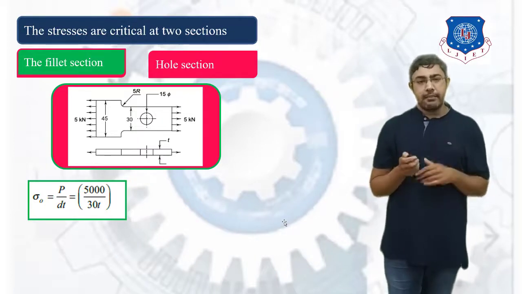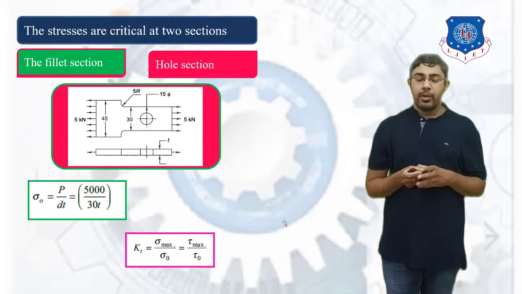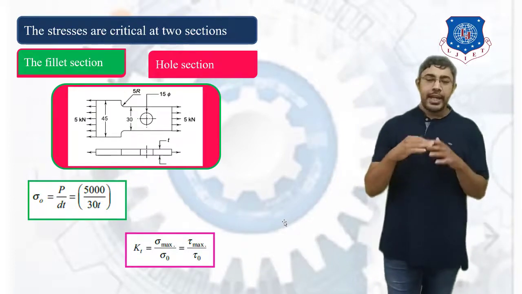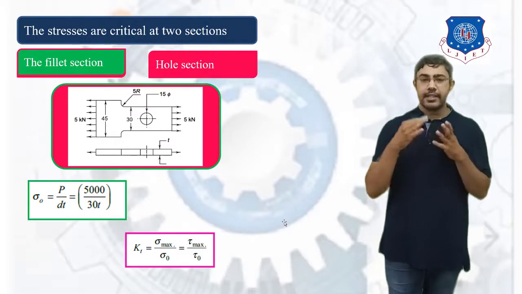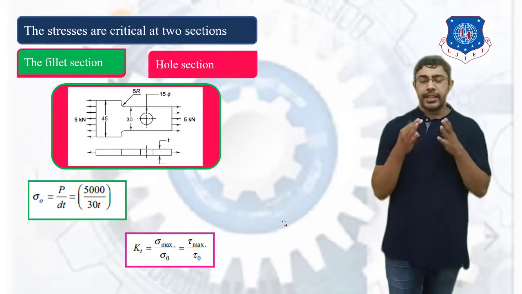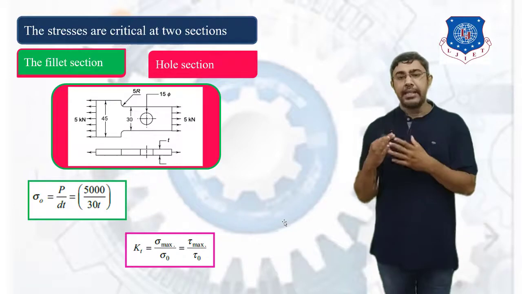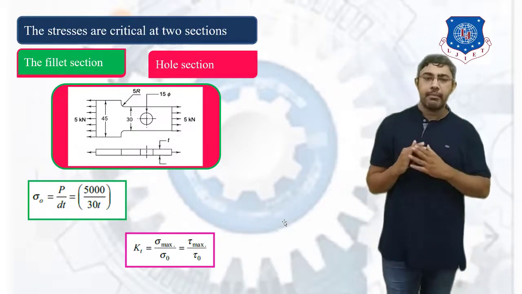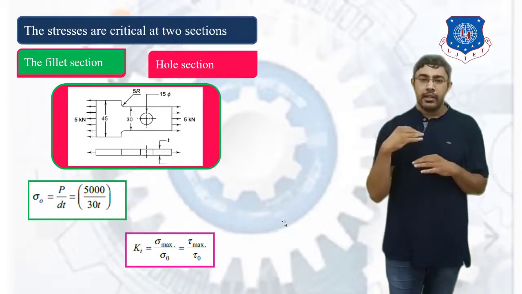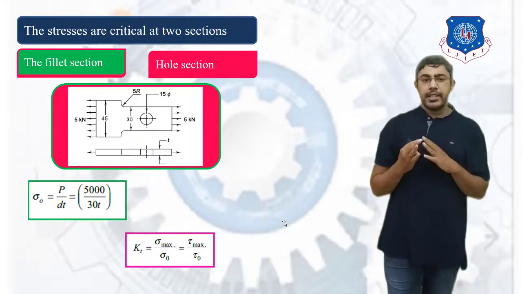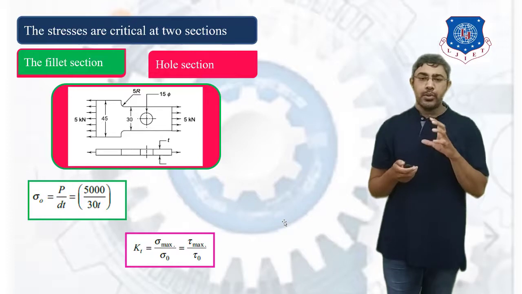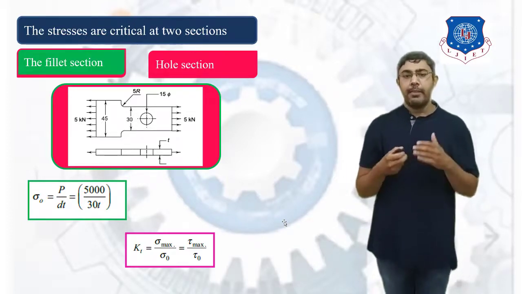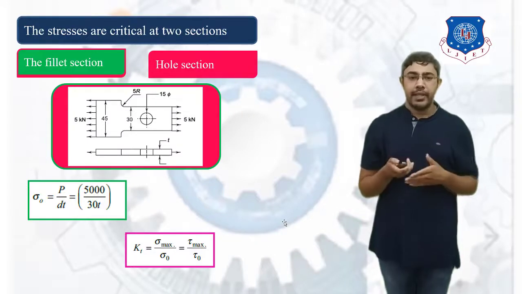This is sigma 0. We know the equation of stress concentration: Kt is the stress concentration factor, equal to sigma max divided by sigma 0, or tau max divided by tau 0 according to the condition. Using this equation, we calculate the maximum stress at the fillet section.